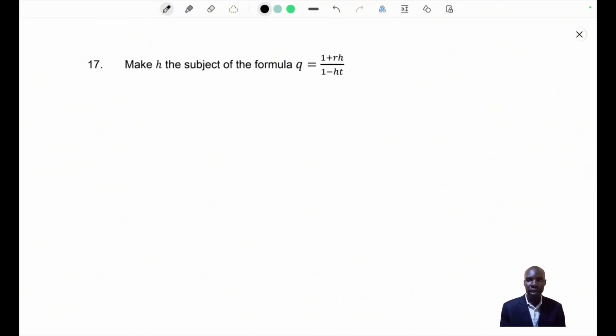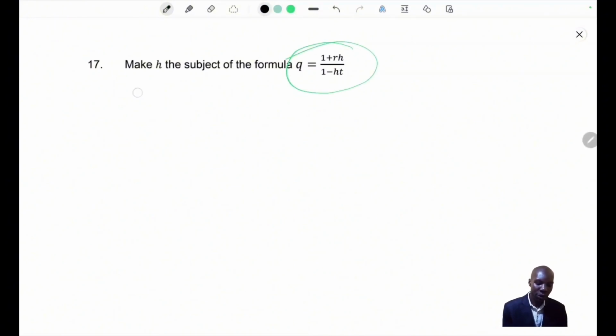Number 17, make h the subject of the formula. Q equals 1 plus RH over 1 minus HT. We want to make H the subject of this formula.